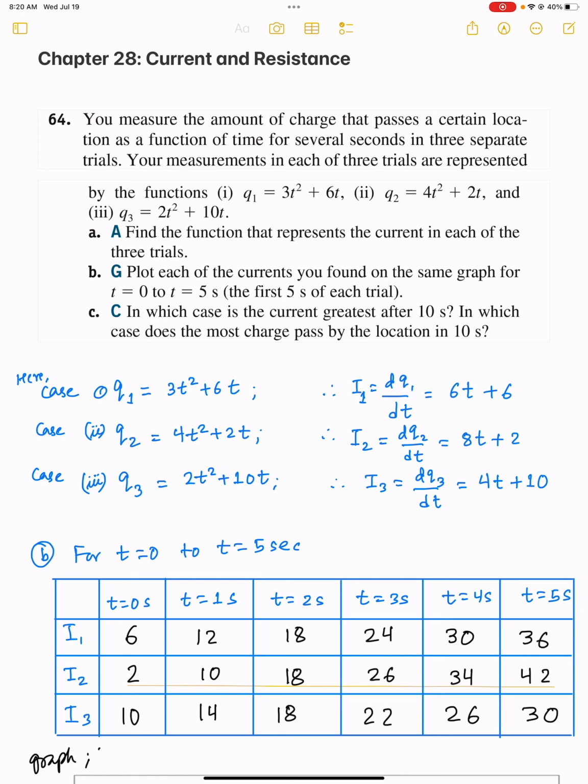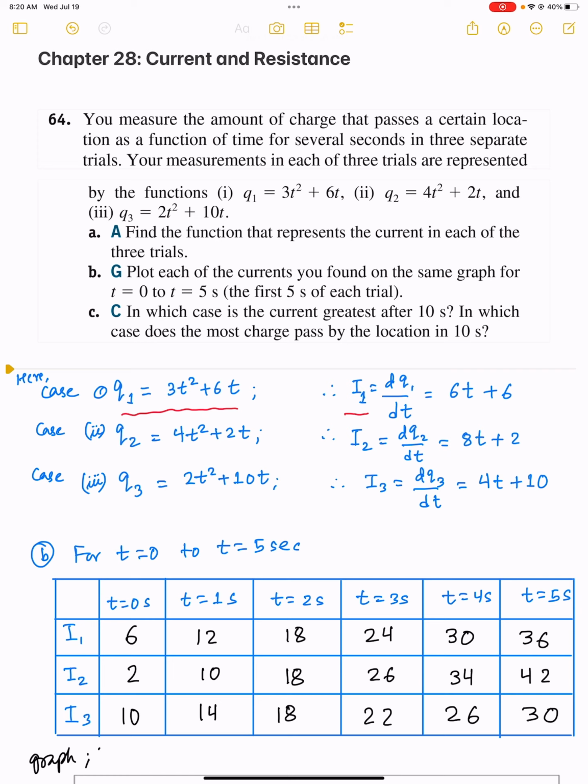So for q1, as we know, current is the rate of change of charge. The corresponding current, let's say I1, will be just dq1 over dt, so you just have to take the derivative of q1 with respect to t.